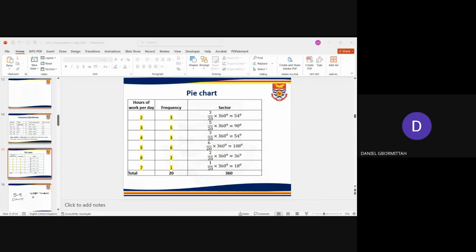We would have to think of using another graph, such as the bar chart or bar graph. But if you look at this data set, there we have fewer observations with their corresponding frequencies, and the pie chart will be feasible.